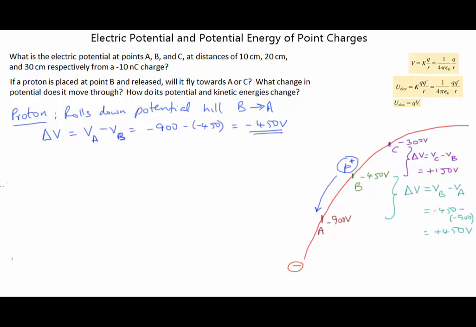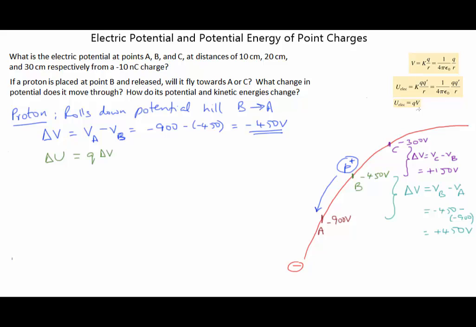The corresponding change in potential energy, delta U, I can either use this equation over here, K times Q1 times Q2 over R, and figure out the potential energy at B, potential energy at A, and get their difference. Or I can simply say that delta U is Q times delta V. That comes from this second equation.